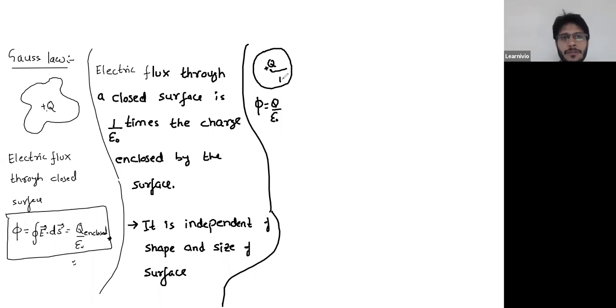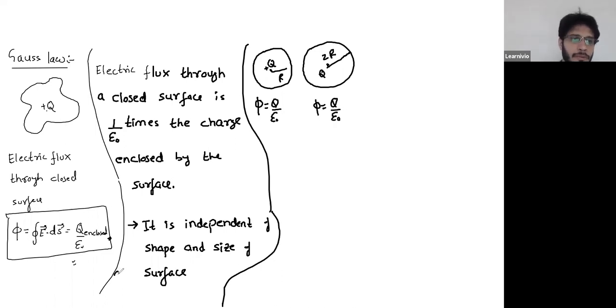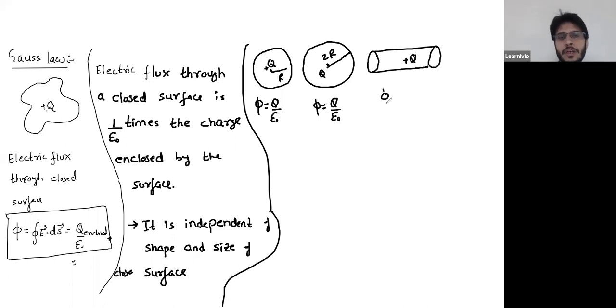This is a sphere of radius r. Even if I double the radius of this sphere, I take this as 2r and place the same charge inside that sphere, then flux will again be q by epsilon naught. If instead of a sphere, I take a cylinder, and put the charge inside that closed surface, the flux through that surface is again q by epsilon naught.